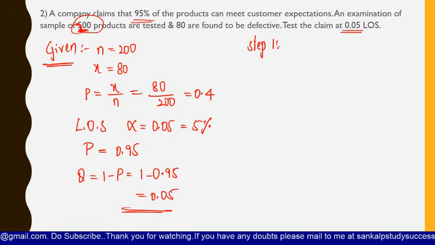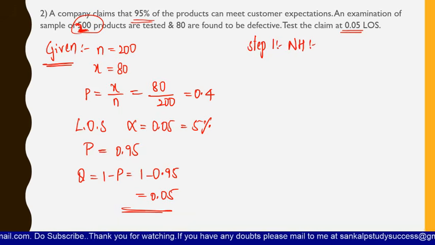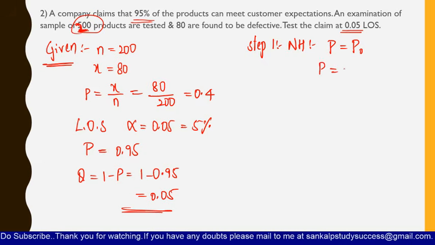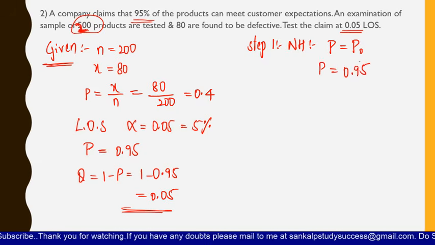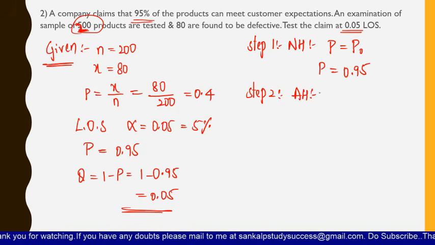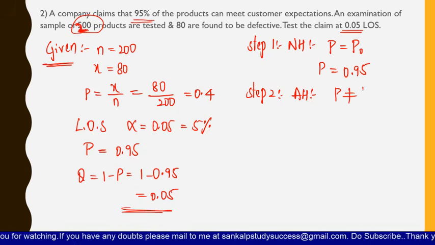Here step 1 is nothing but the null hypothesis, where P is equal to P naught, where P is equal to 0.95. Correct? Now let us see step 2, which is the alternate hypothesis, which is P is not equal to P naught.